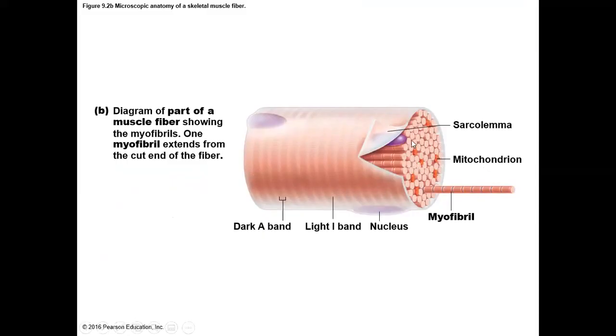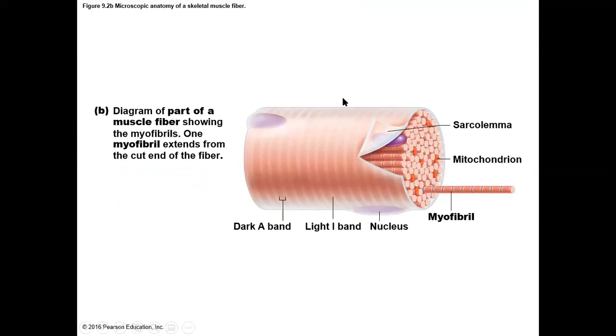And then the sarcoplasm is the cytoplasm in between the cells. Here it's showing you a whole bunch of mitochondria. And don't forget the blue is the nuclei, many multinuclei. They're multinucleated cells. The whole thing is one muscle fiber, yes.